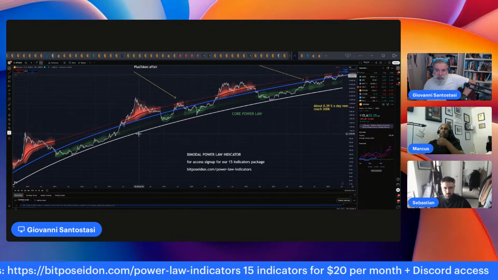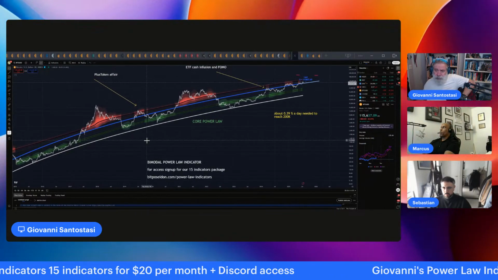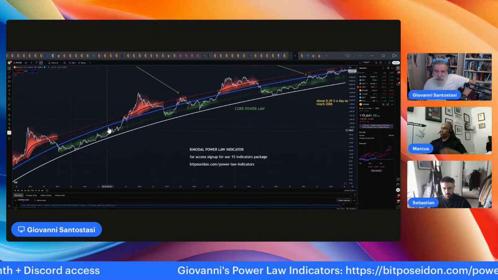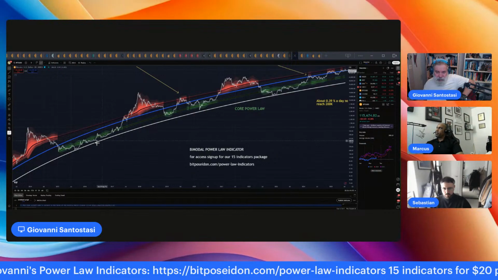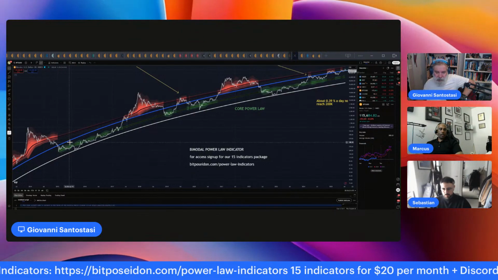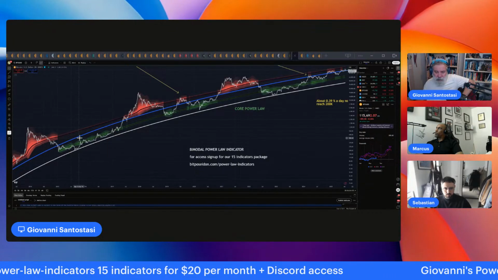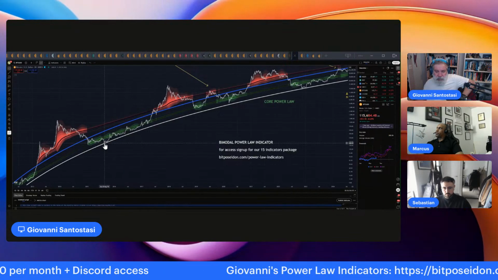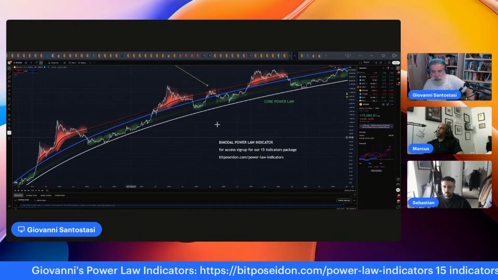So the white line is what we call the support power law. It's really a power law itself. You see it's parallel to the blue line. So basically, it has very similar parameters, and it's about 40% below the power law, and it indicates the largest possible deviation that we have ever seen in Bitcoin, including COVID.